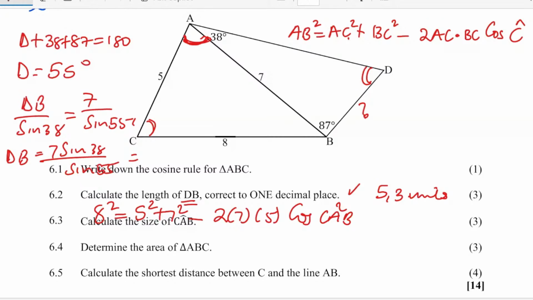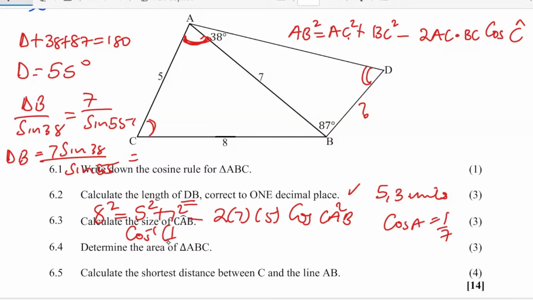So when you play around with all of this, because that's 64 minus 25 minus 49, and then divide by the negative 70, I'm ending up with 1/7. Okay, so the cos of A is 1/7, and then the shift cos of that.